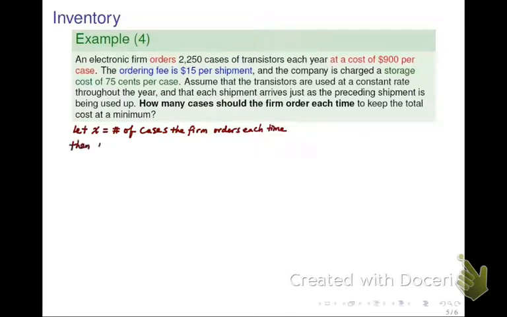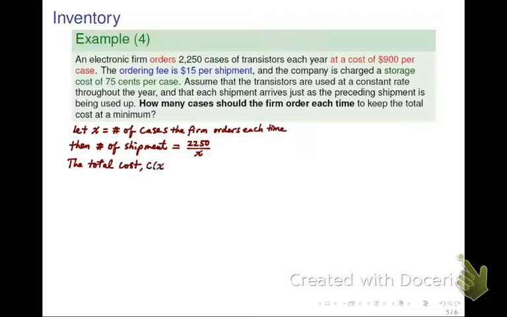And once we have that information, then we can calculate the amount of shipments based on that variable. Since altogether the company needs to order 2,250 cases in the entire year, and each time they're ordering x cases, therefore the amount of shipments that the company is going to have is the total amount divided by x.